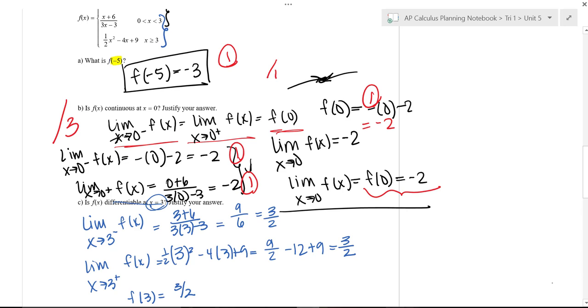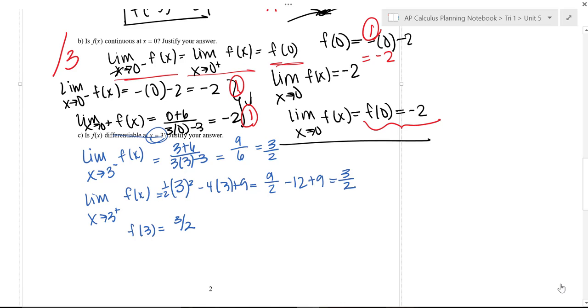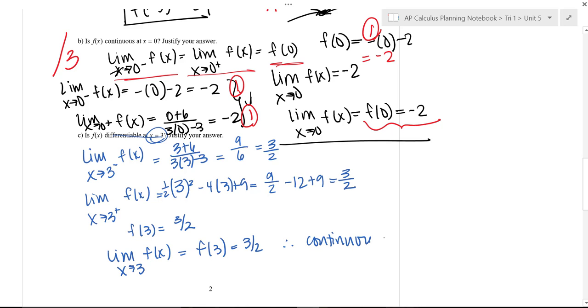Every single time I plugged 3 in, I noticed that I got that same value, 3/2. So the limit as x approaches 3 of f of x equals f of 3 equals 3/2, therefore continuous. This was 1 point.